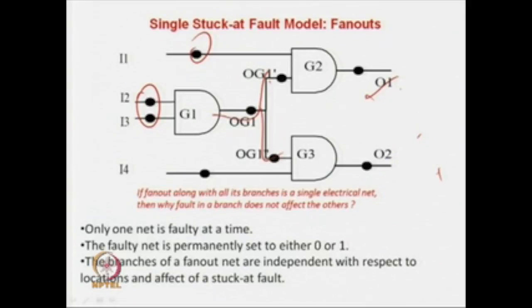The answer is that this has been found statistically, because circuits generally do not have stuck at faults. What we are verifying is that if you apply test patterns which verify that these lines or this circuit are free of stuck at faults, then you can say something.